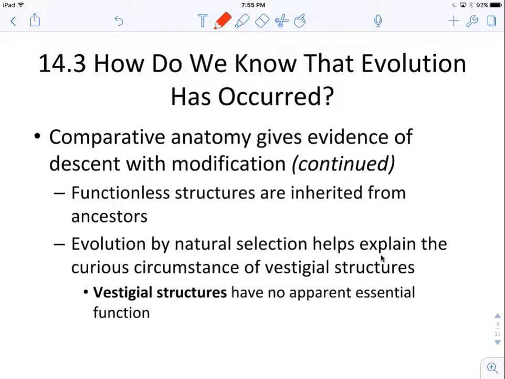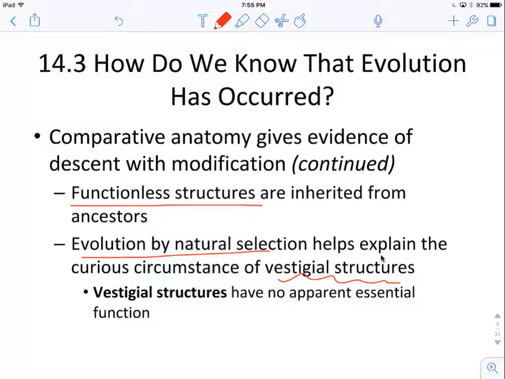Another part of comparative anatomy is looking at structures that no longer have a function in an organism. We call them functionless structures, if you can believe it. And evolution by natural selection helps to explain these structures that we call vestigial structures.